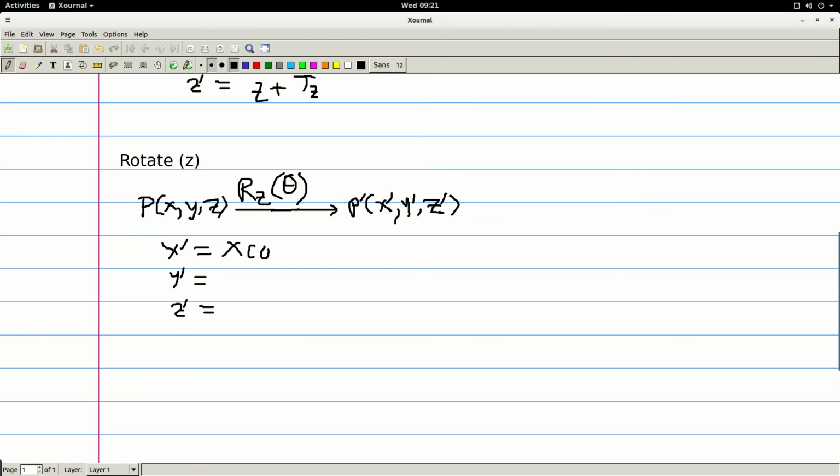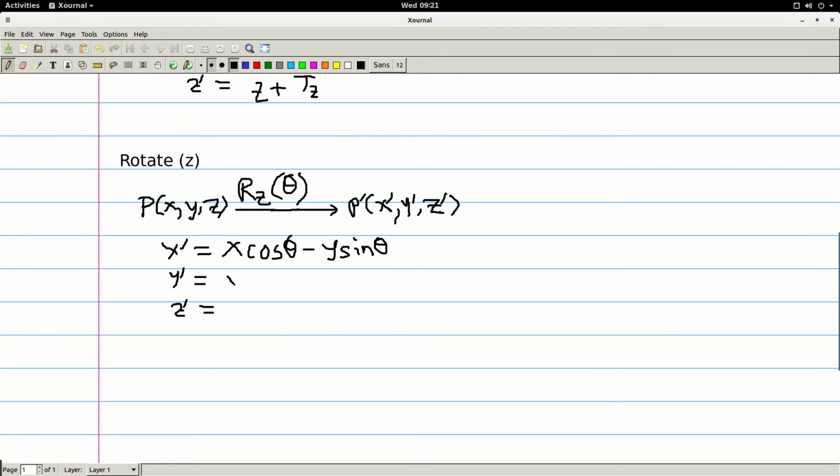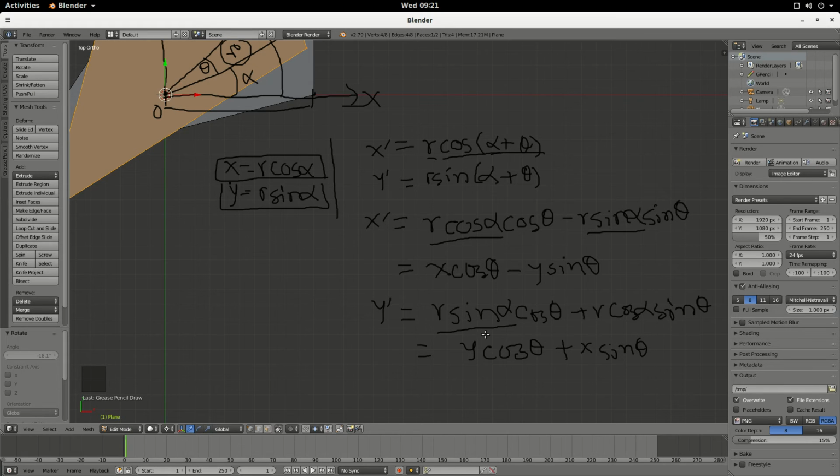See, I forgot the formula already and I never have it memorized actually. And over here for y, this is x sine theta plus y cos theta.